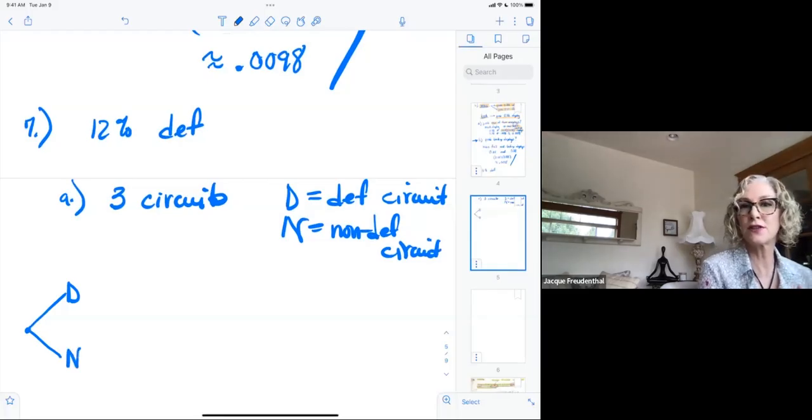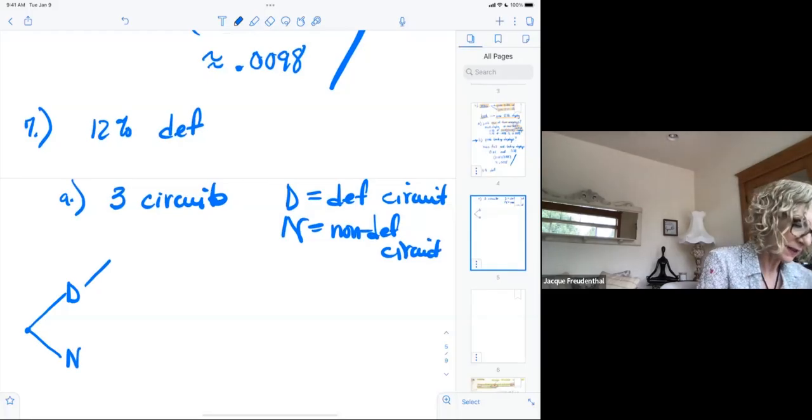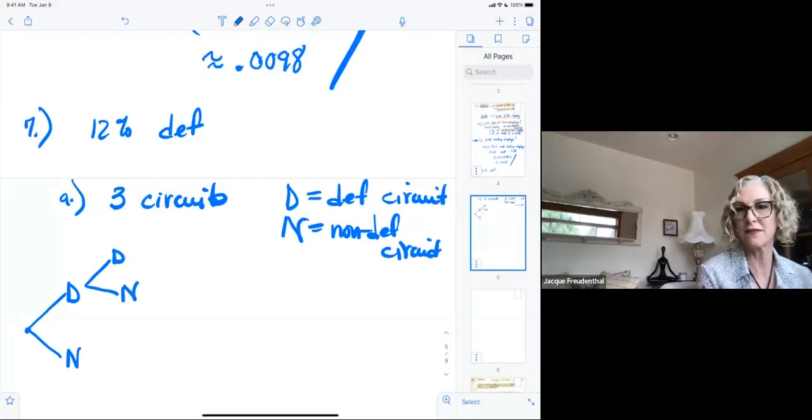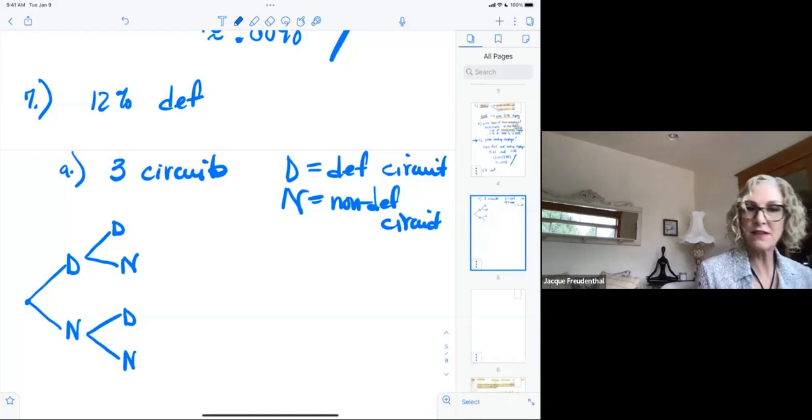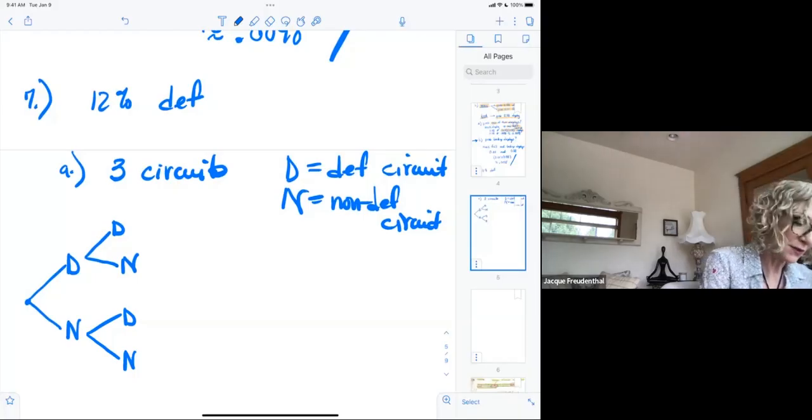Given that the first circuit is defective, then the second circuit is either defective or not defective. Given that the first circuit is not defective, then the second circuit can either be defective or not defective. So right now I only have 2 layers, which gives 4 options for 2 circuits.